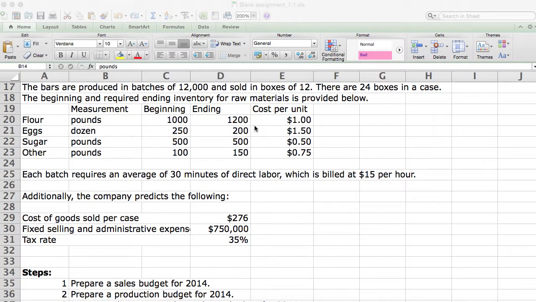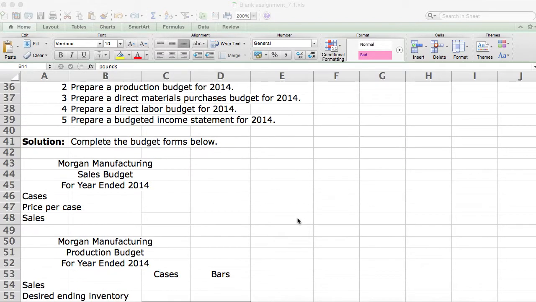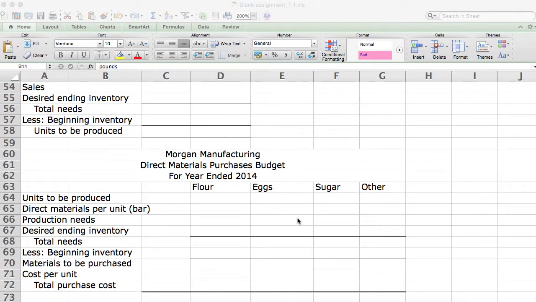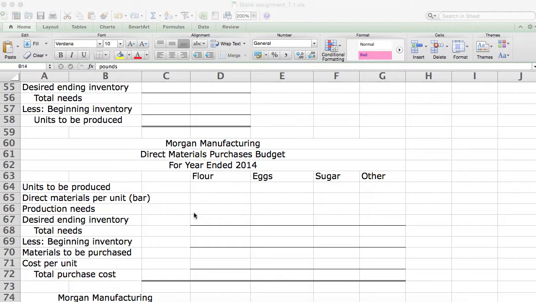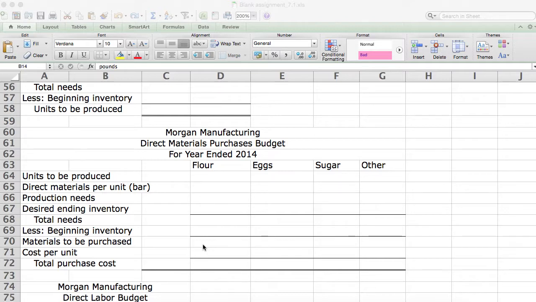In the raw materials data, you're given the beginning inventory as well as the ending inventory. You'll plug those numbers into the ending inventory row. You'll sum the production plus your target ending inventory, which gives you your total need. From that, you will deduct the beginning inventory, which you already have available, and this tells you exactly how much raw material you'll have to purchase for each of the raw materials.